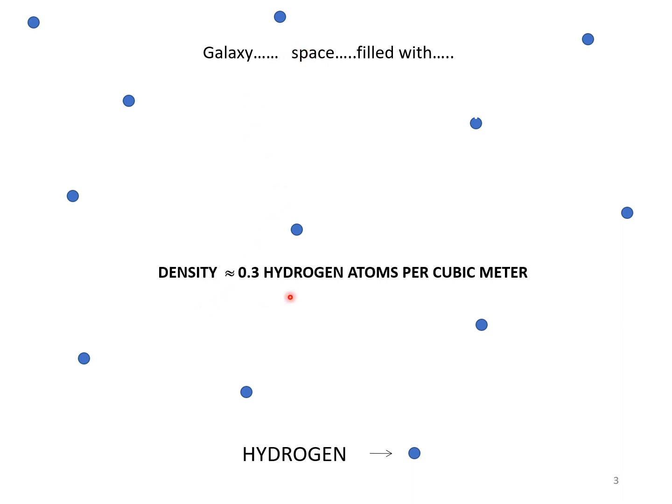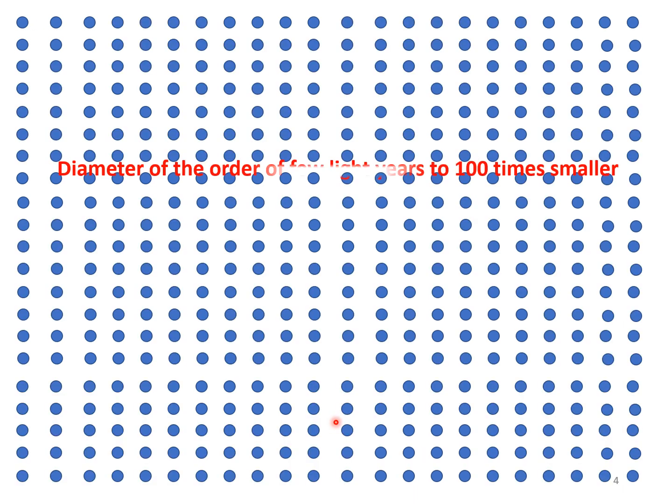It is nearly equal to 0.3 hydrogen atoms per cubic meter. But remember, when we say the hydrogen atom, it is not at rest, but it is in motion. But it is observed that the intergalactic space is filled with hydrogen atoms.